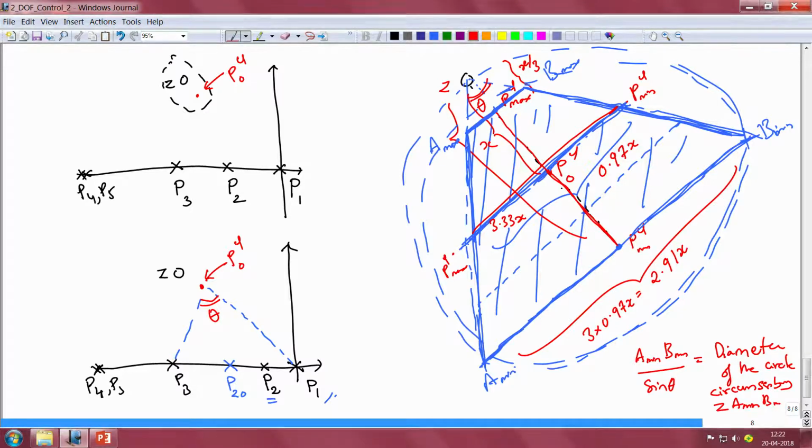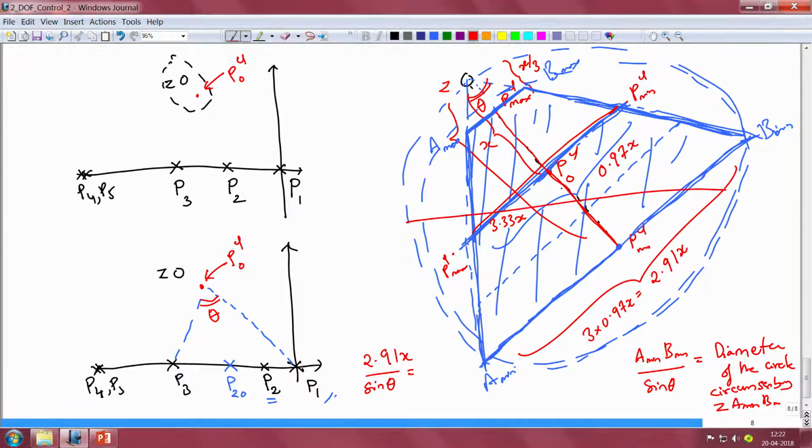Now, here we know that A min B min is of length 2.91 x, and we know the angle theta from trigonometry, and we can show that for the particular locations of the points P1 and P3, that angle is close to 60 degrees. So, 2.91 x divided by sine theta is going to be equal to the diameter of this circle which circumscribes the triangle.